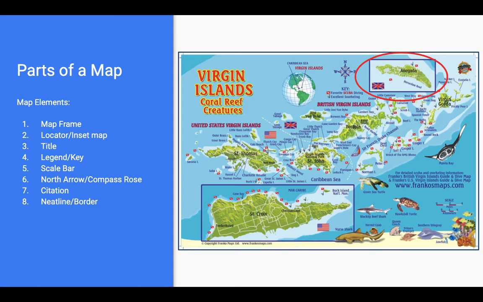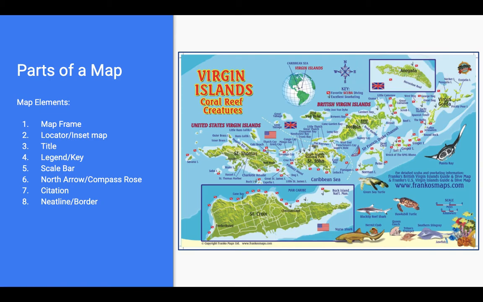So you've got Anegada and then St. Croix right there, and then they're zoomed in so you can take a better look at them. That's the difference: the locator shows on the earth where this map is, and the inset zooms in more specifically on a specific part of the map.